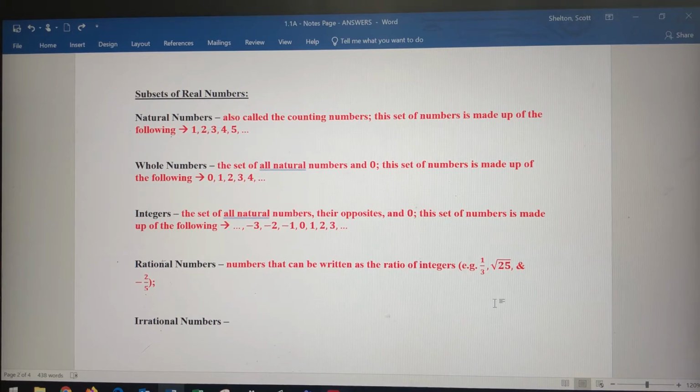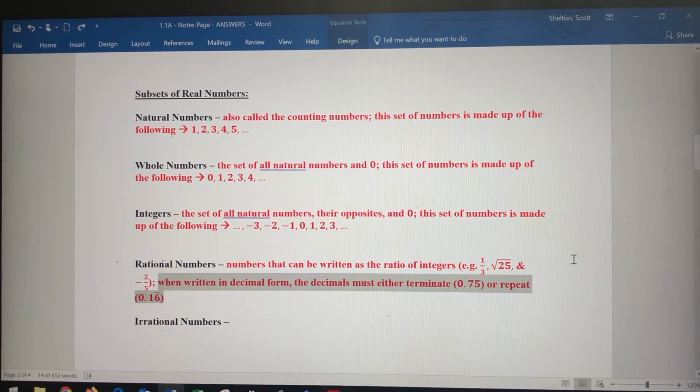If you simplify the square root of 25, you get 5. Well, 5 can be written as 5 over 1, or 10 over 2, or 15 over 3, and so on, okay? So because radical 25 can be written as the ratio of integers, it's considered rational, okay? And then -2/5, okay? -2 over +5, the ratio of 2 integers, okay?